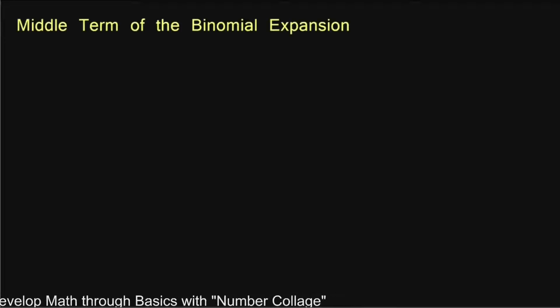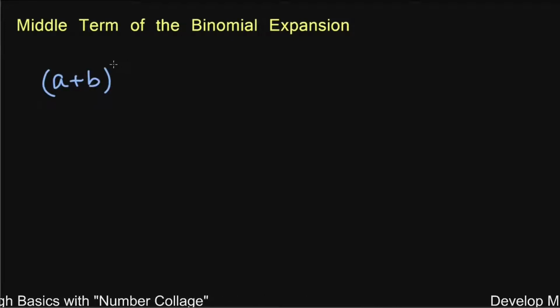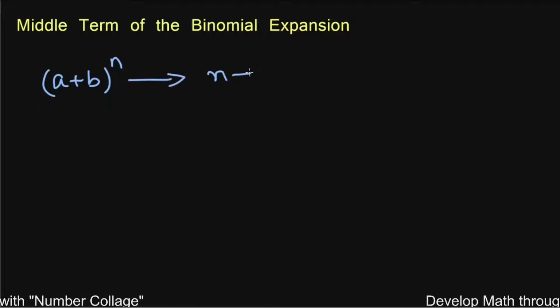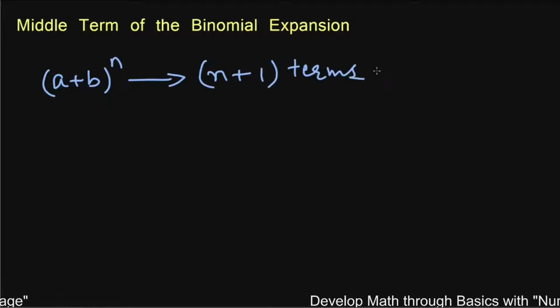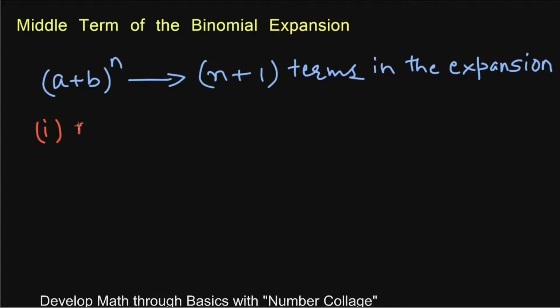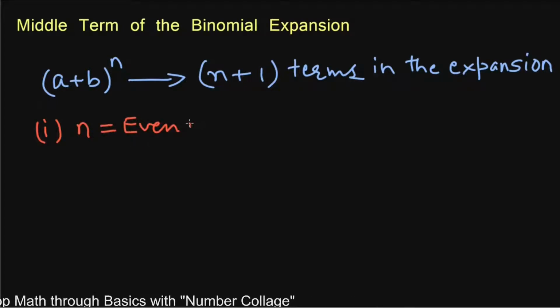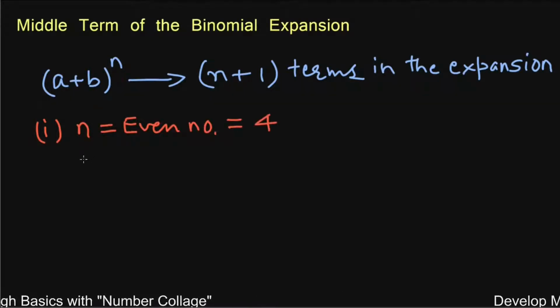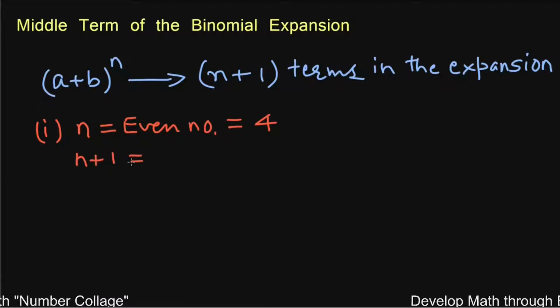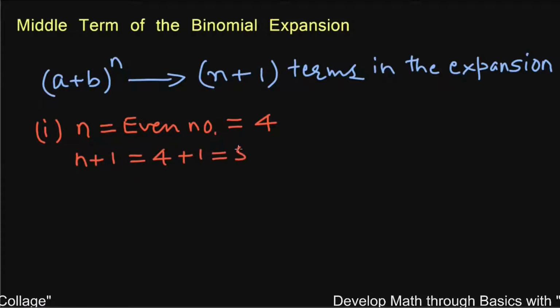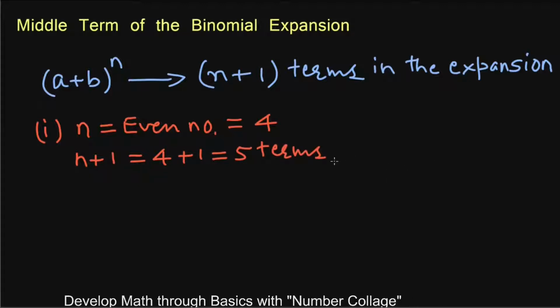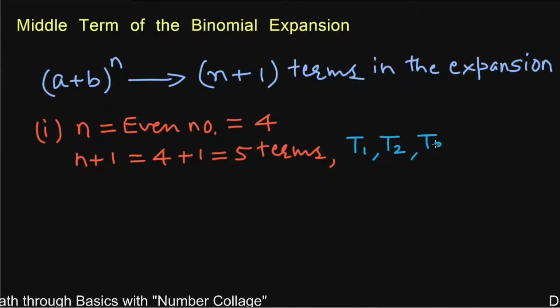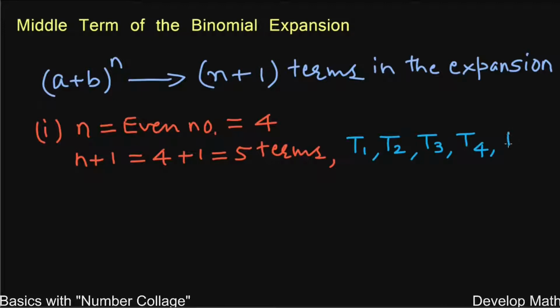Next, we will see how to find the middle term of the binomial expansion. We have already seen in the binomial expansion of (a + b) raised to n, there will be n plus 1 terms in the expansion. Now suppose n is an even number, say 4, then there will be n plus 1, that is 4 plus 1, 5 terms in the expansion, say T1, T2, T3, T4 and T5.